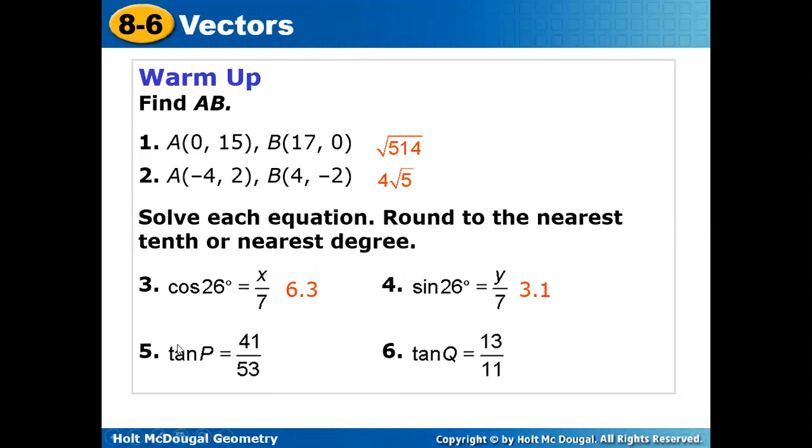And here to find measure angle B, we use the inverse function of tan negative 1. So we write tan negative 1 of 41 over 53. It will be approximately 38 degrees. Here shift tan 13 over 11, it will be approximately 50 degrees.